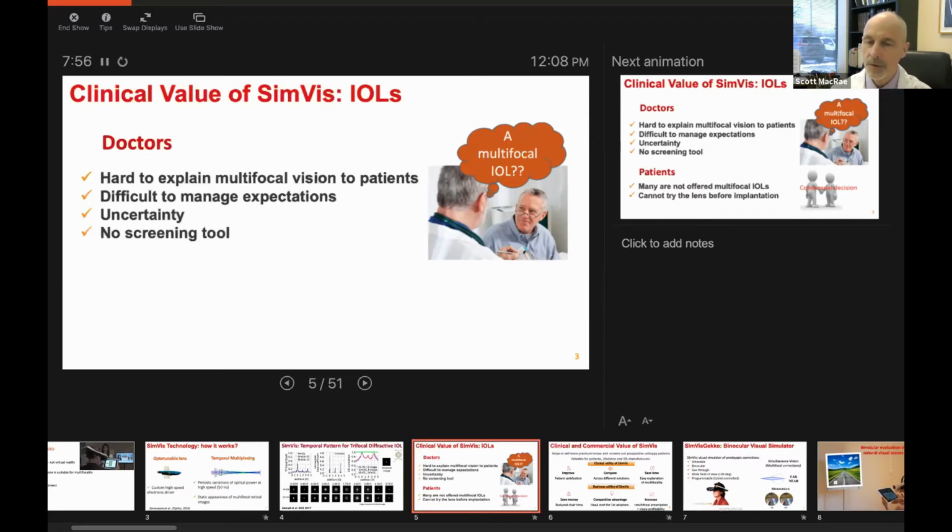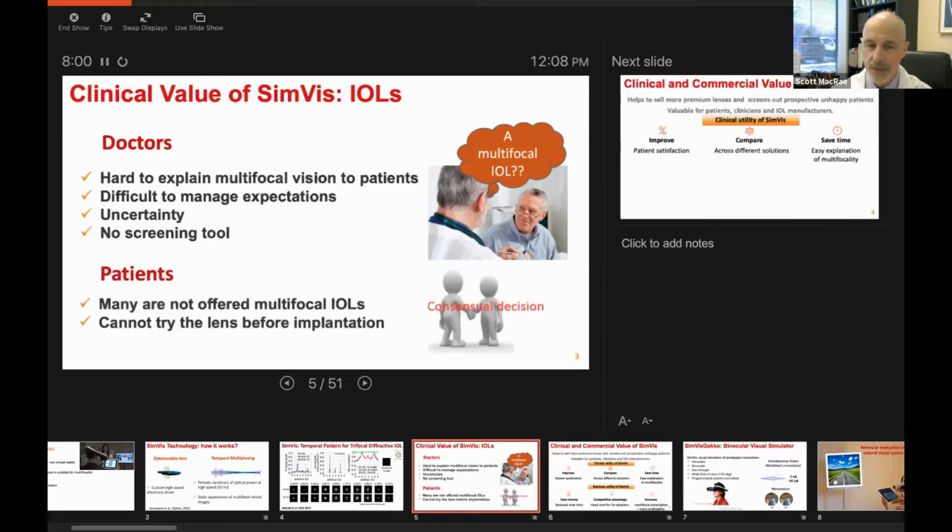There's currently no commonly used screening tool, so this fits a need for that. Patients are currently not offered multifocal lenses as frequently as they could be if we had a way to actually describe to them visually what they would experience with a multifocal. And they can't try the lens on before implantation.